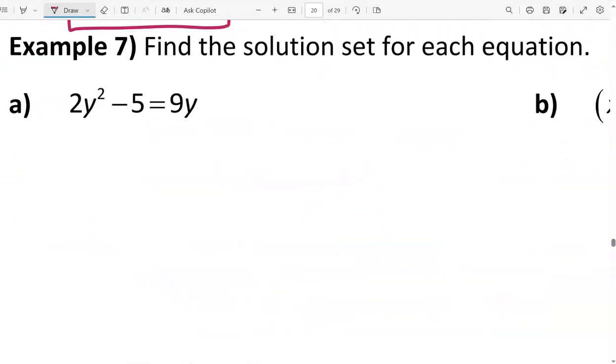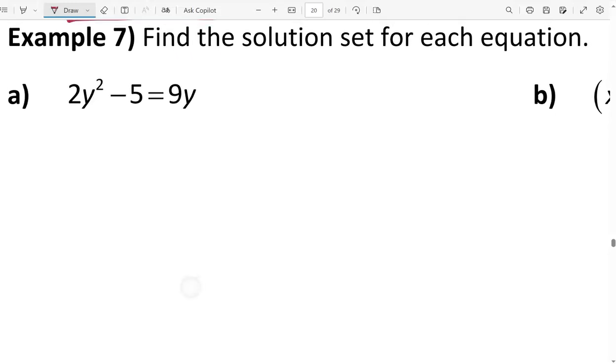Alright, in example 7, we're going to do one more step. In these examples we have an equation to solve, but we don't have 0 on one side. So in A, we're going to subtract 9y from both sides. And now we have a trinomial equal to 0, so we can now factor.